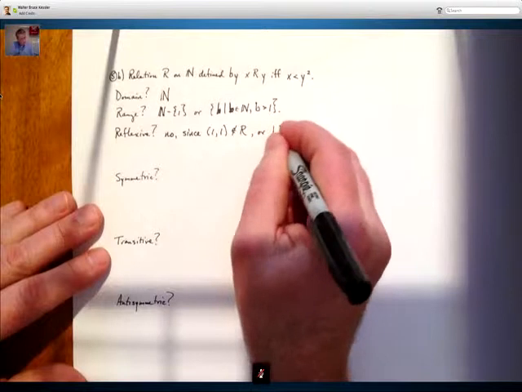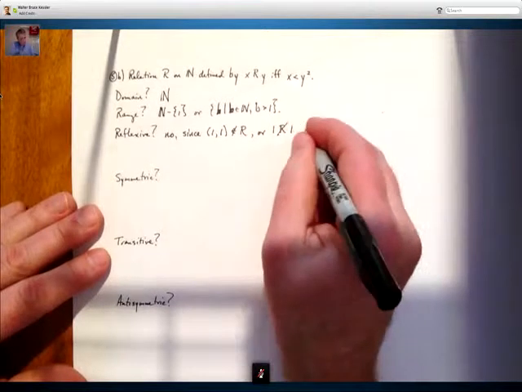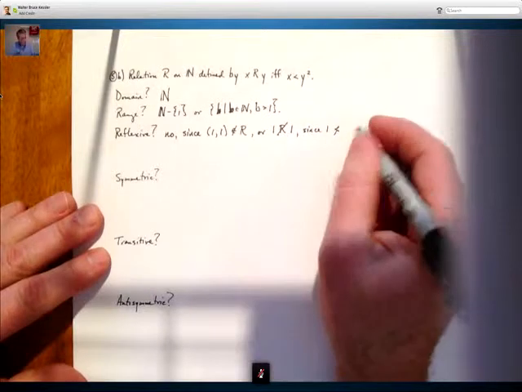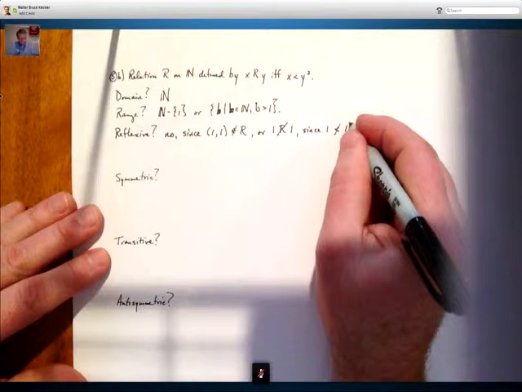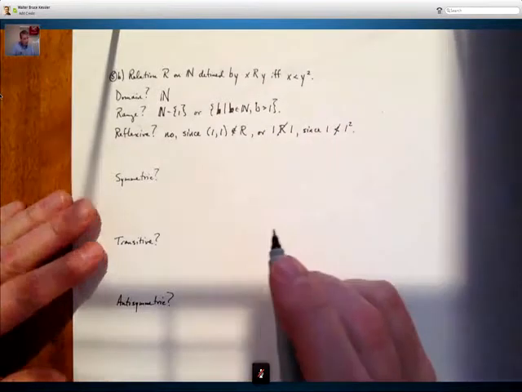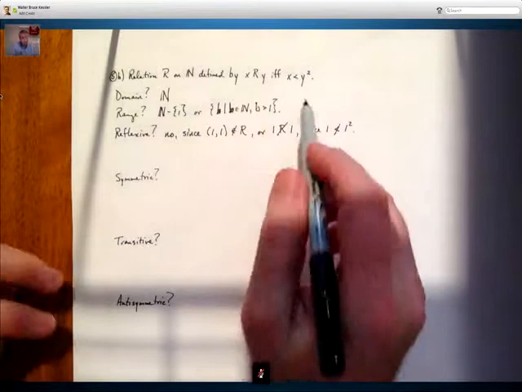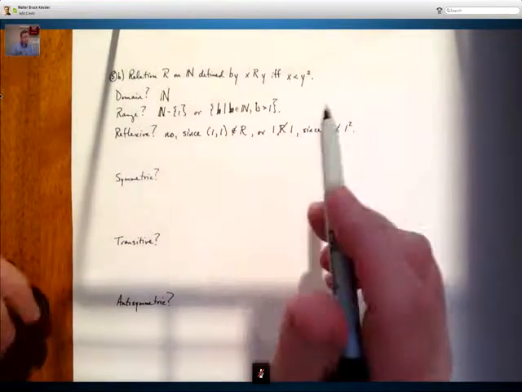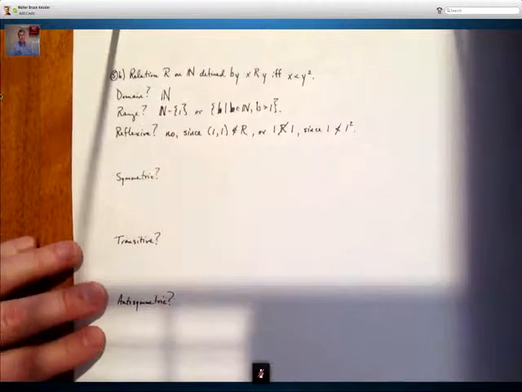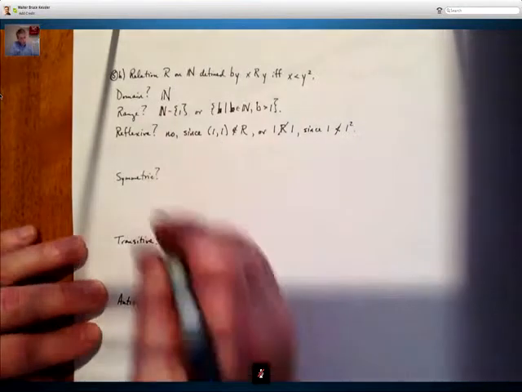Or you could write 1, and here's your R, and then mark it out, since 1 is not less than 1 squared. And I think that may actually be the only thing that's not in there. 2 would be less than 2 squared, 3 is less than 3 squared, and on and on. So I think the rest of them would be there, but since we don't have this one, it's not reflexive.